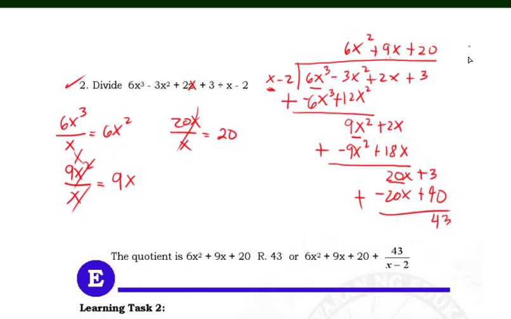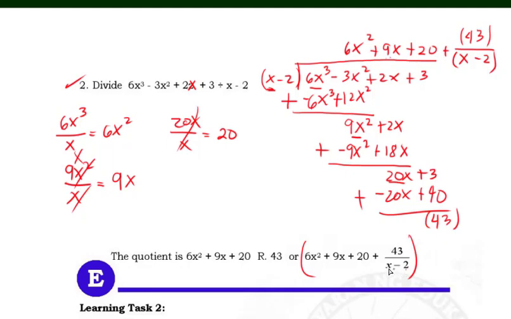Now, your final answer is, meron tayong remainder. So, the remainder is plus 43 over x minus 2. Itong x minus 2, ito po yan. Okay? Ito pong 43 ay ito. Okay? So, ang sagot po natin ay ito. 6x squared plus 9x plus 20 plus 43 over x minus 2.